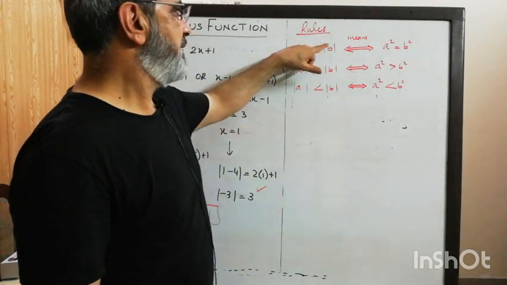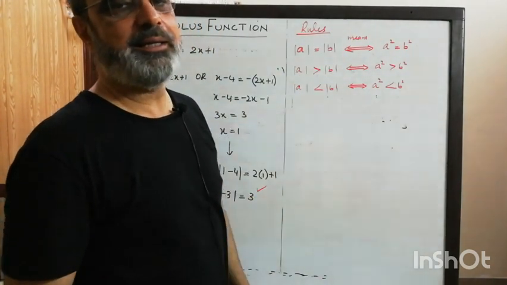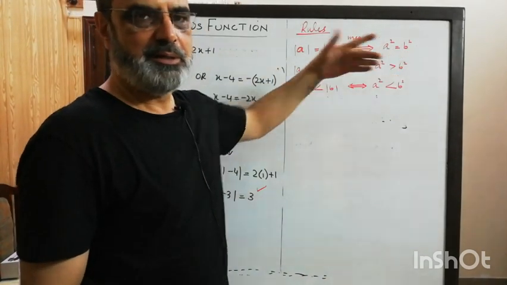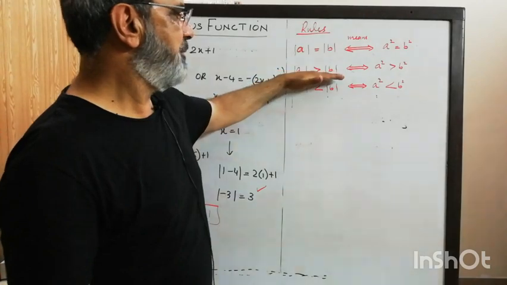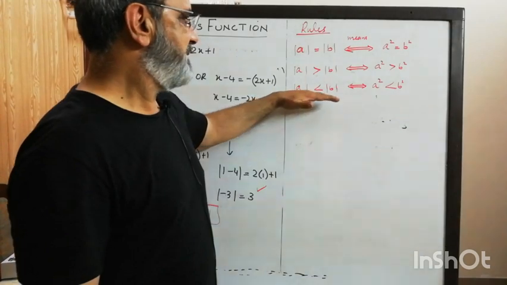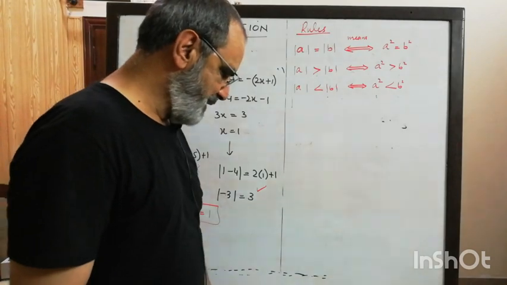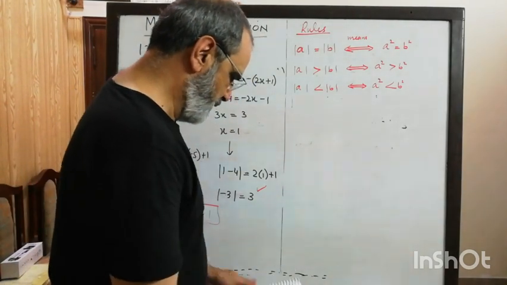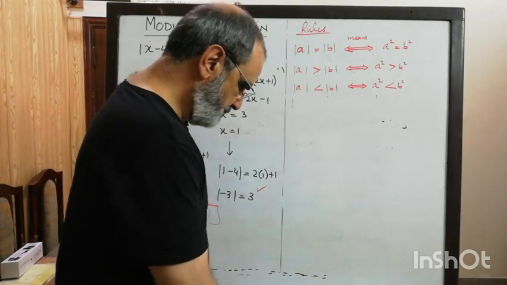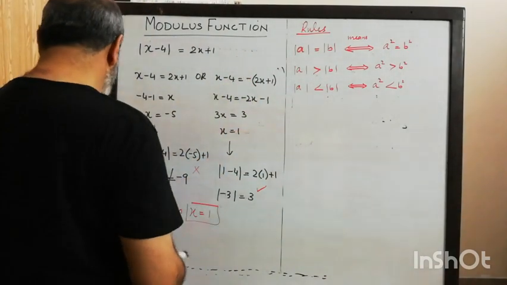So if we take the square of both sides, we'll get A square is equal to B square. Because of the positive sign, if A modulus is equal to B modulus, their squares will be the same. Similarly, if A modulus is greater than B modulus, then their squares will be in the same order. If A modulus is less than B modulus, then A square will be less than B square. Now using this technique, we can also solve the equations involving the modulus. Let's see how.